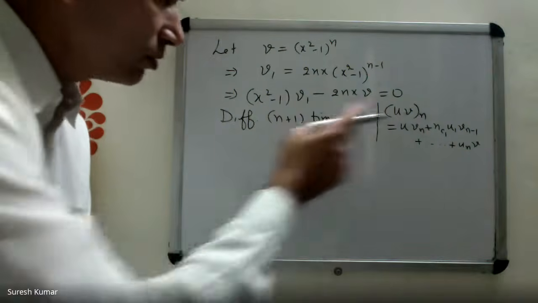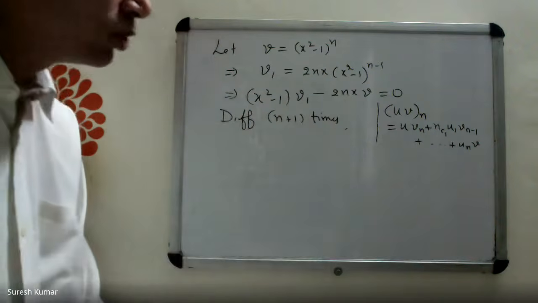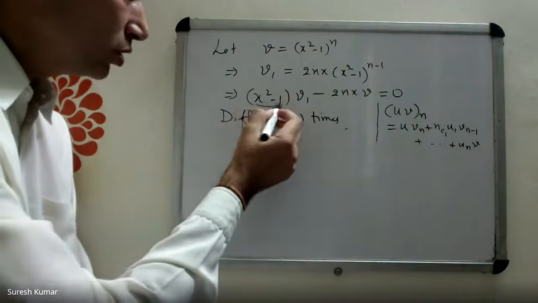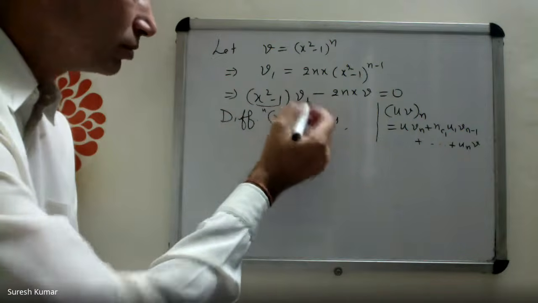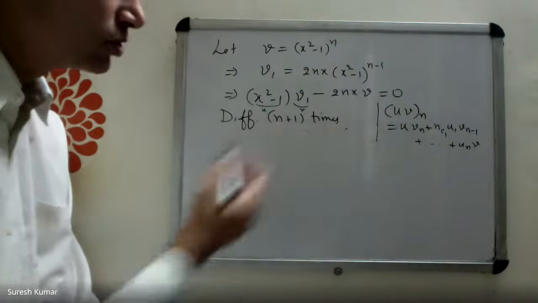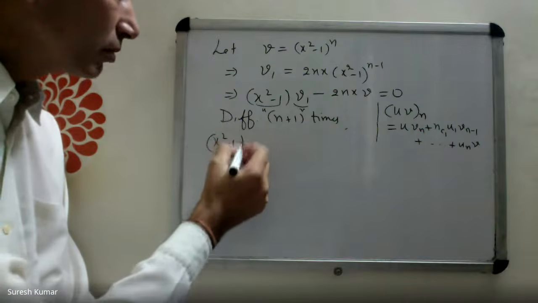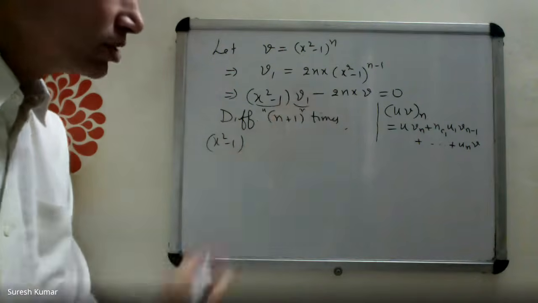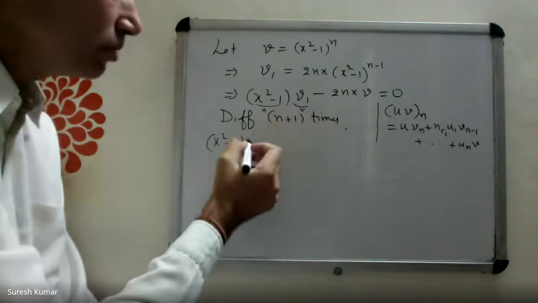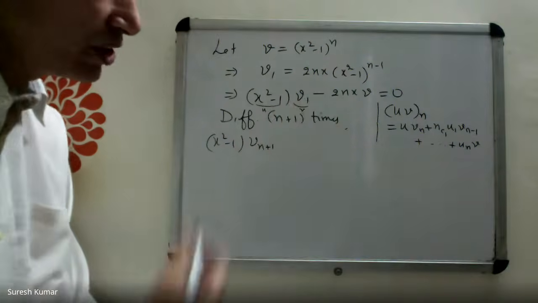Let's apply this formula here, because here you have the product of x² − 1 and v₁, both functions of x. So let's assume this is u and this is v and apply the formula, but note that here n is n plus 1. First, as it is, the derivative of the second function n plus 1 times. What is the n plus 1 derivative of v₁? Vₙ₊₁, because one derivative is already there.